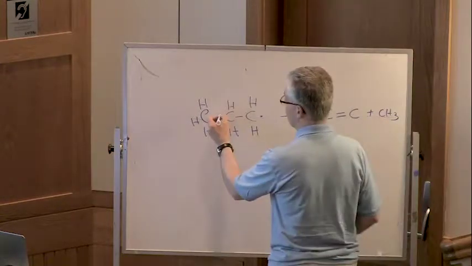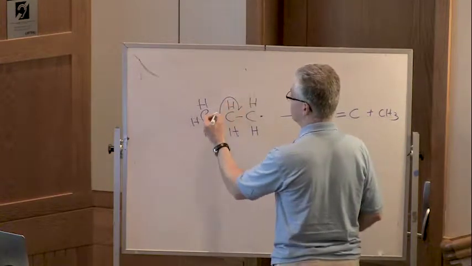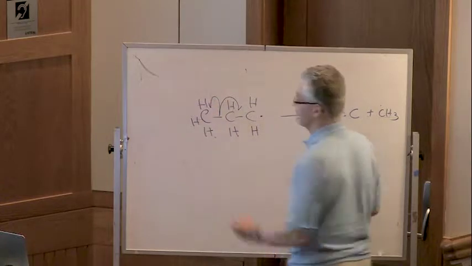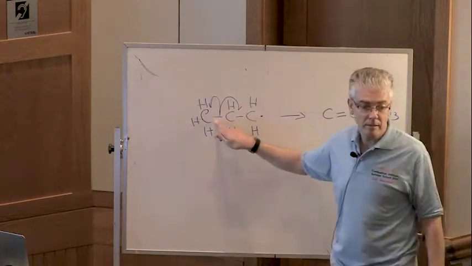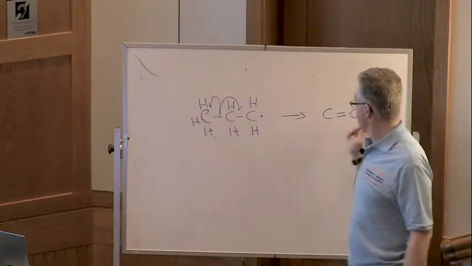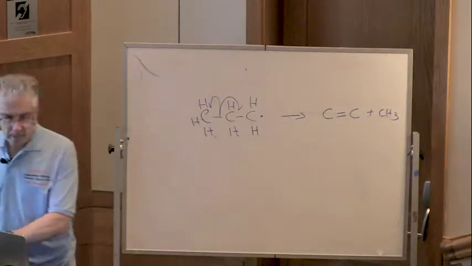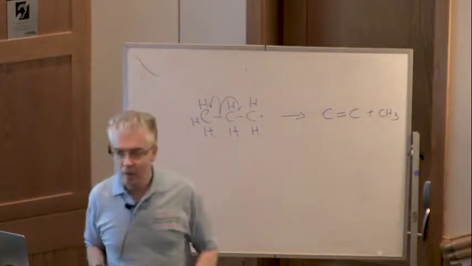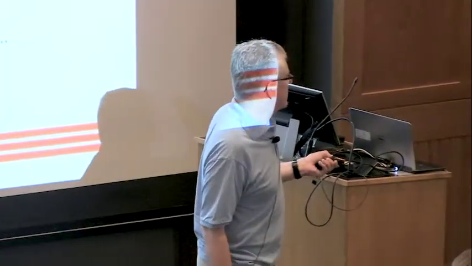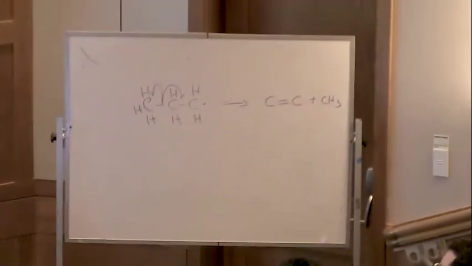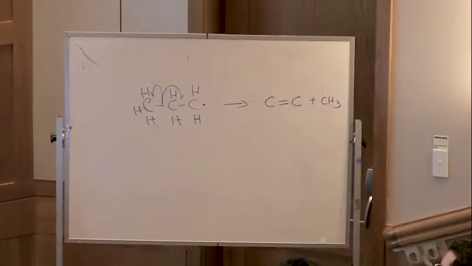The electron here is going to move in, and this is going to move out here. We're going to break this bond, and we're going to produce methyl radical and ethylene. Okay. So, but how does that happen? So how does this bond break, and we get ethylene plus methyl? How does that happen?